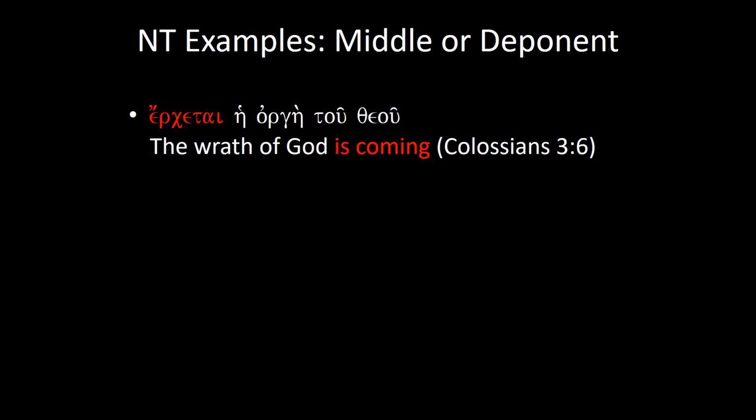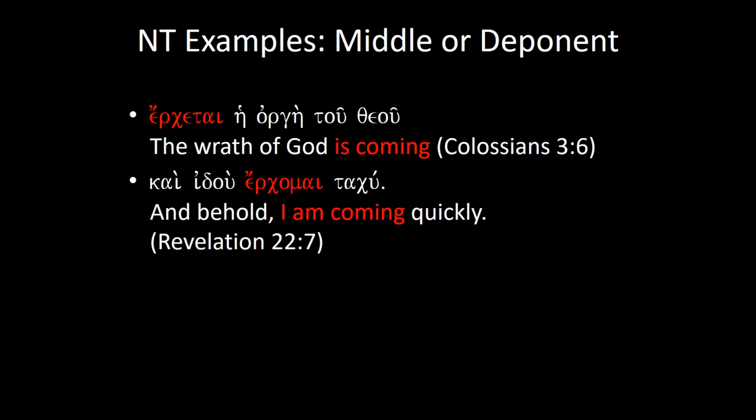Here's one with erkomai, that means I come or I go. Erketai he orge tu theou. The wrath of God is coming. That's third singular, erketai. He orge is the subject, the wrath. The wrath of God is coming. And another use of erkomai, kai idu.